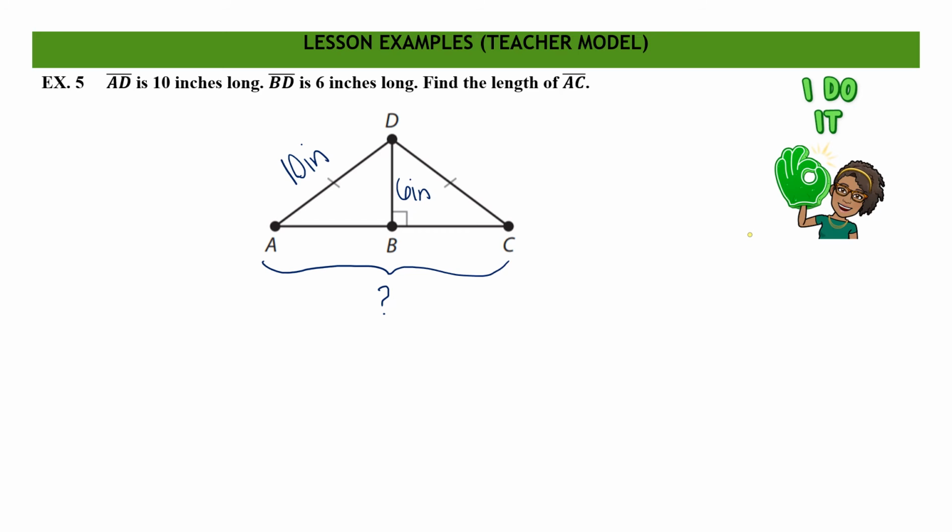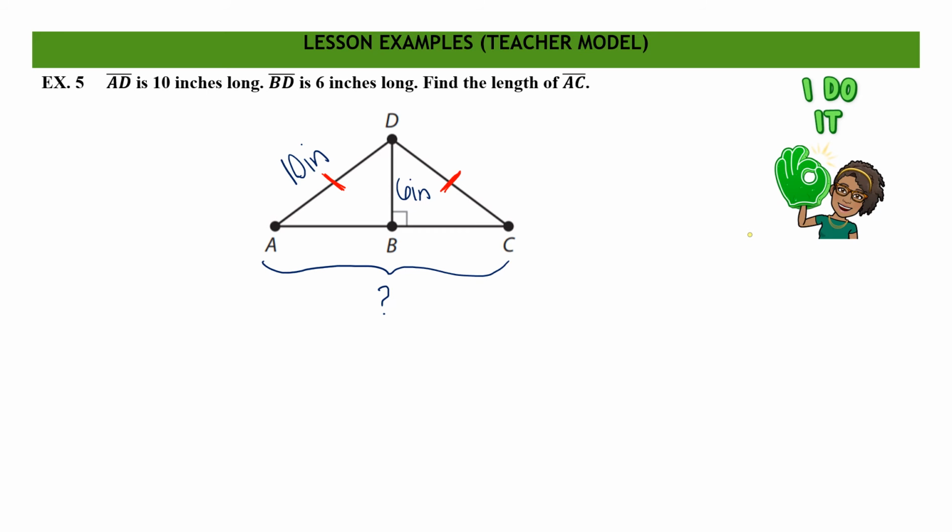So first, before we dive right into trying to find segment AC, let's look at what the figure actually gives us. It gives us some information. First, they identify segment AD and CD as being congruent by these tick marks. And remember, if two segments, or two of anything, two figures, are congruent, then that tells me that the measures of those figures are also equal.